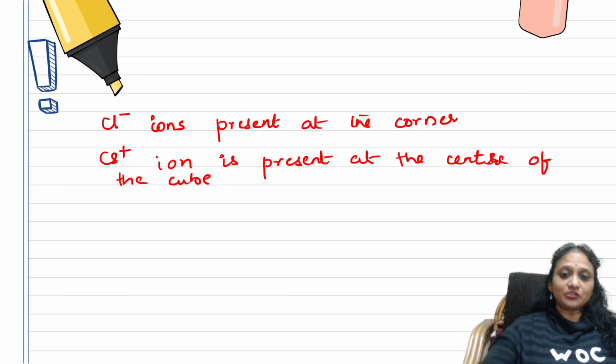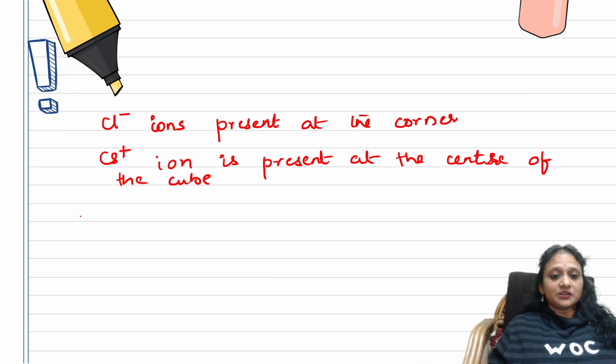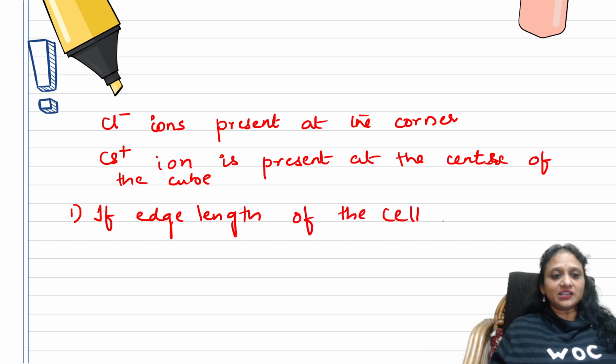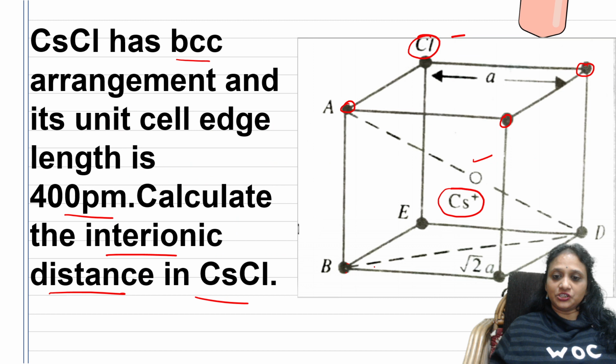Let us start with the first point. If the edge length of the cell is a, what would be the distance BD, because I have joined this diagonal?